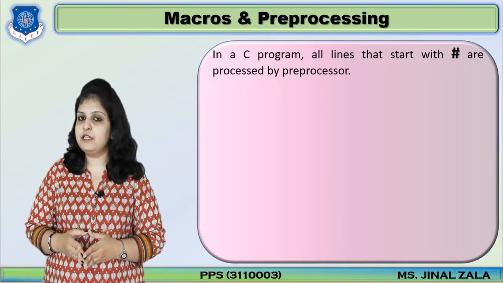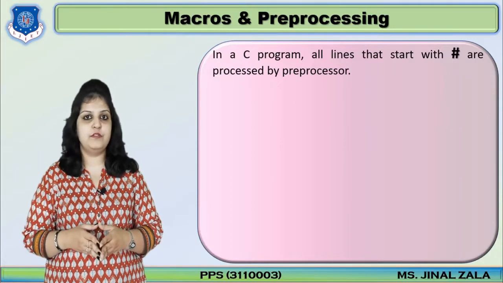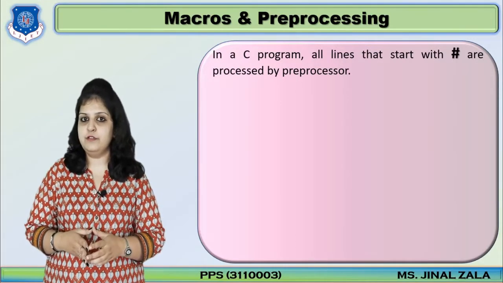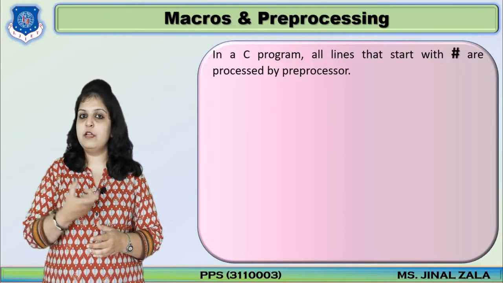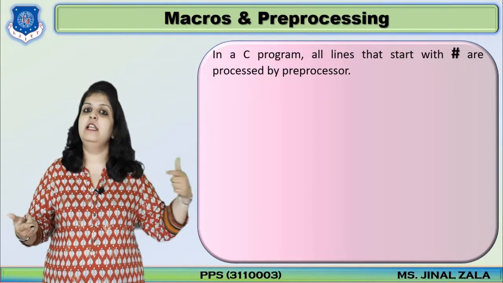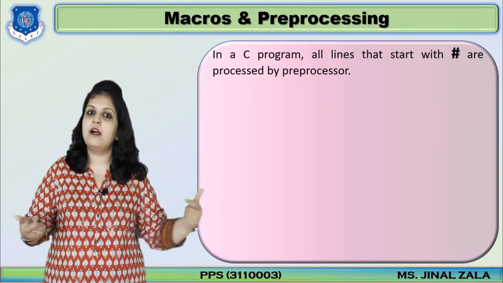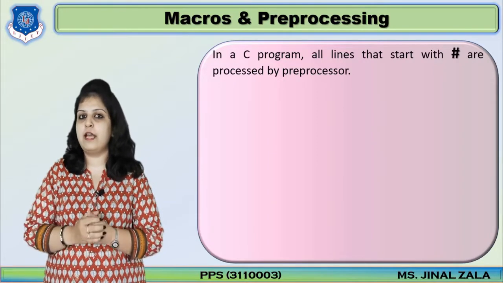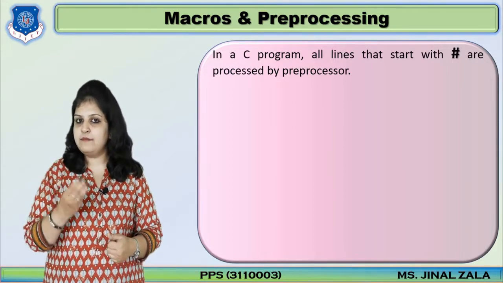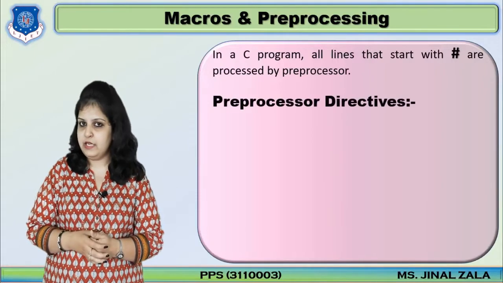And for preprocessing, the symbol always used is hashtag. So in a header file we are using hash before include. So when we compile the program, it will link to the system library at compile time, not at run time. So it is called preprocessing.